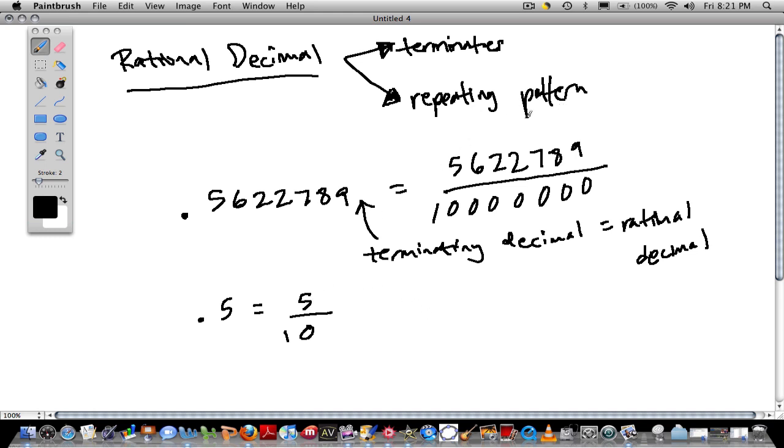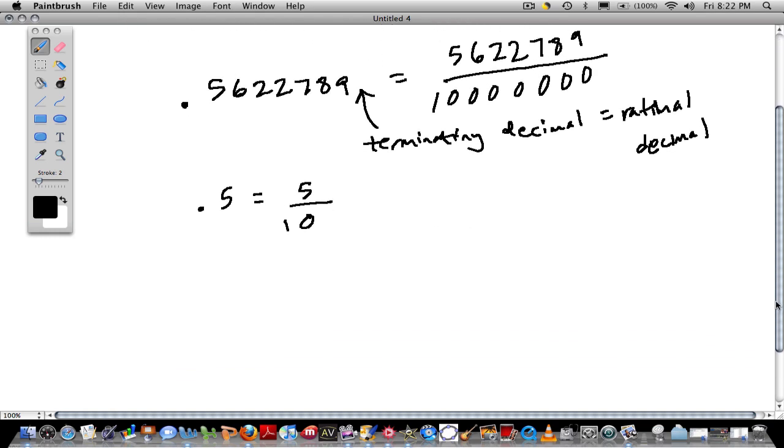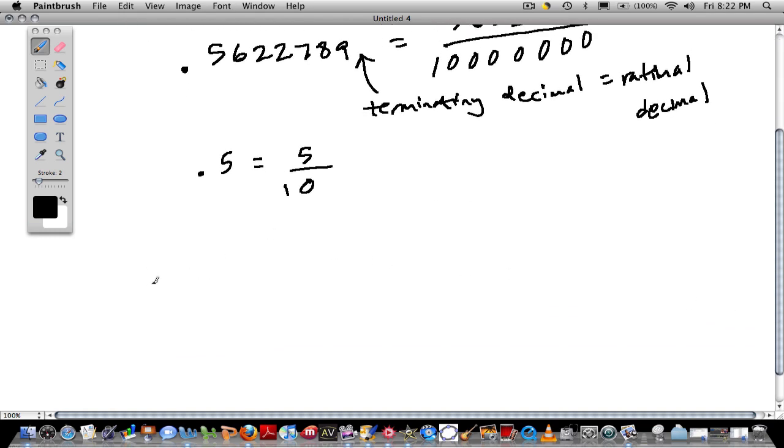A repeating pattern in a decimal is not just some pattern that you can discover, it's a pattern that will repeat itself over and over and over again. So for example, if you had 0.123 and this line up here, which is called a vinculum, it means that its repeating pattern is that chunk of numbers 1, 2, 3, 1, 2, 3, 1, 2, 3.